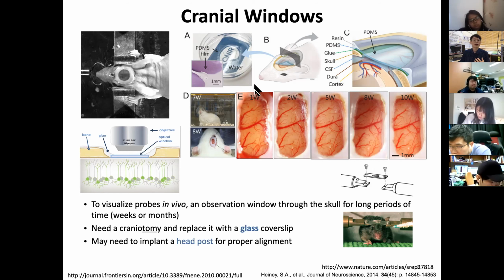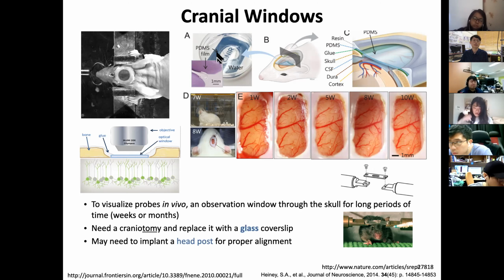Another aspect is that because of this optical window, sometimes we can't interact with the underlying neurons, or measure them directly. So there's an invention: why not use something flexible and transparent, like a transparent plastic, called PDMS. So here it is.